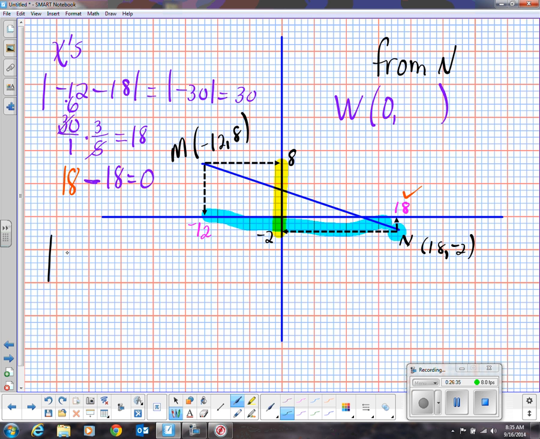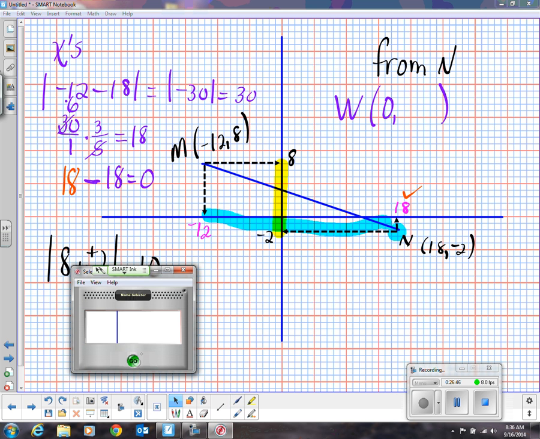Absolute value of, which is 10. All right, from here, we are still working on the same fraction. Nate, so now what do I do?